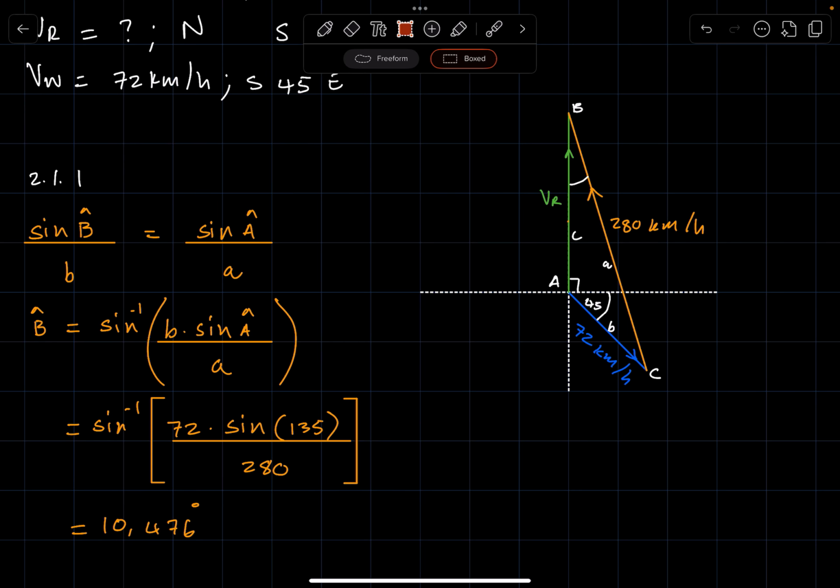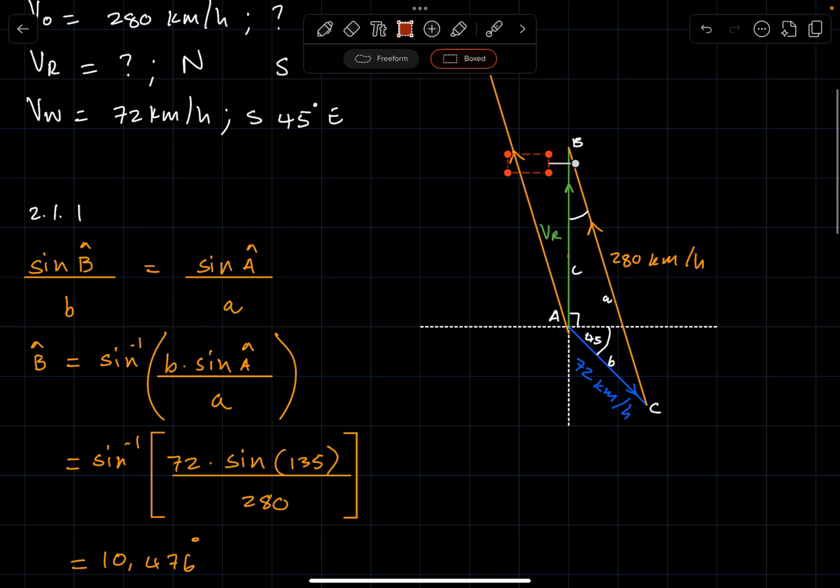So by calculating angle B, once again, essentially we get the direction of flight. Remember, we said that this angle alternates with this one, and this angle is referenced from the x-axis, I mean the y-axis, sorry. So if you have angle B, you essentially have the angle traveled by the plane referenced from the y-axis, and the y-axis is north.